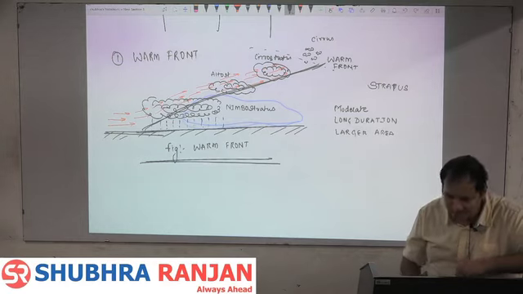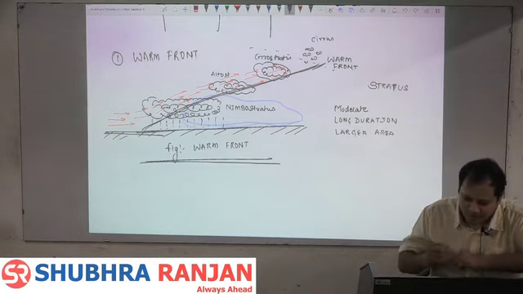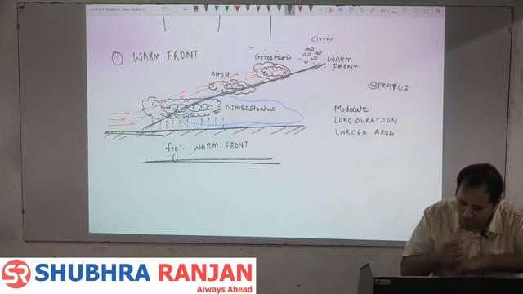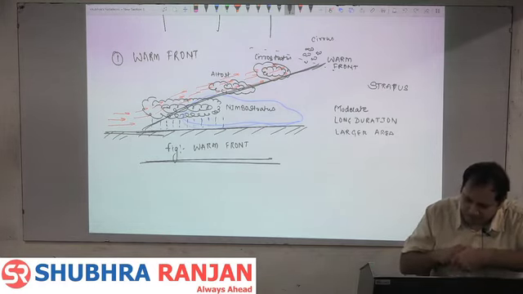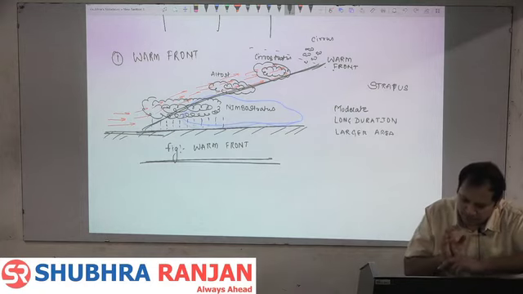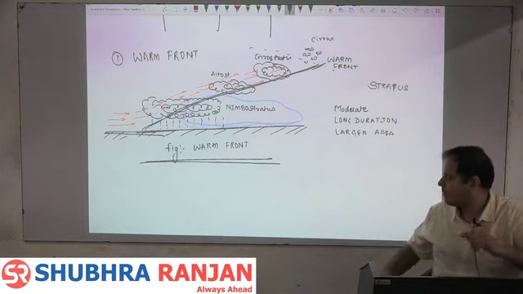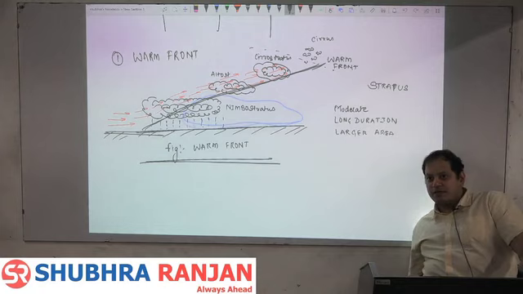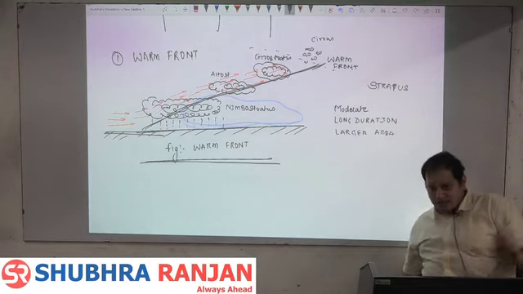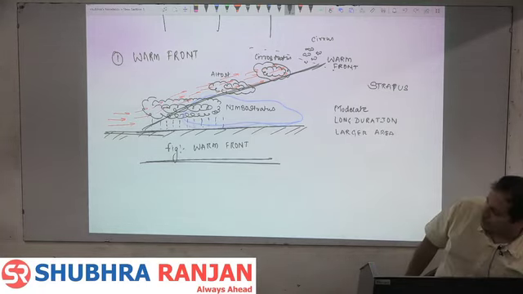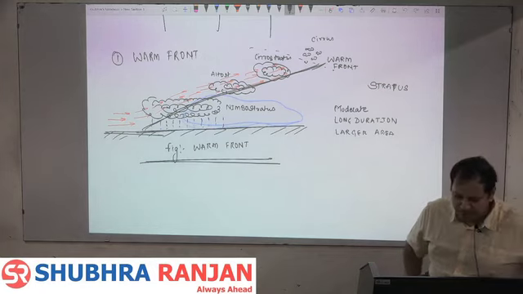So warm front, it is defined as a gently sloping frontal surface. Underline the word gently.